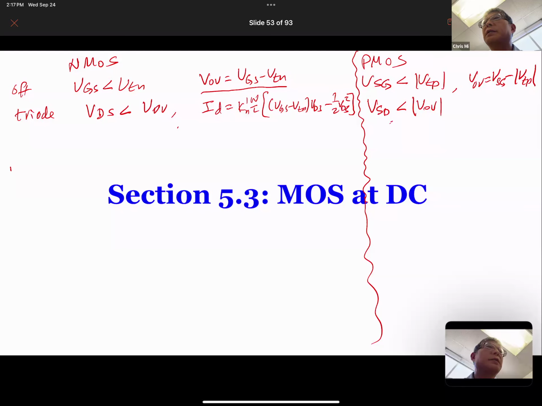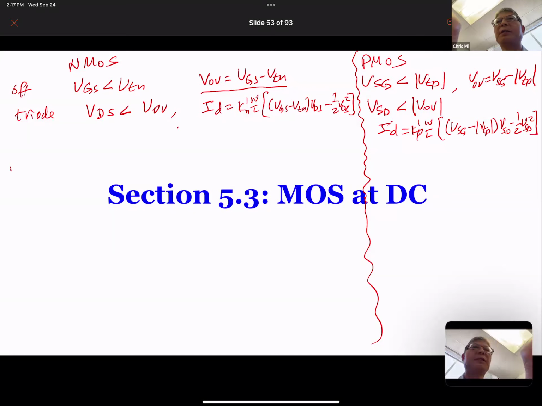So for PMOS, it's going to be Kp prime W over L times (VSG, remember this is always opposite, minus the absolute value of VTP) VSD, always opposite, minus 1/2 VSD squared. That's in the triode region.